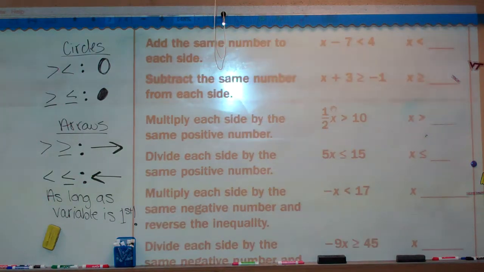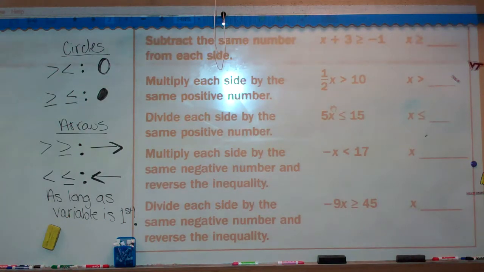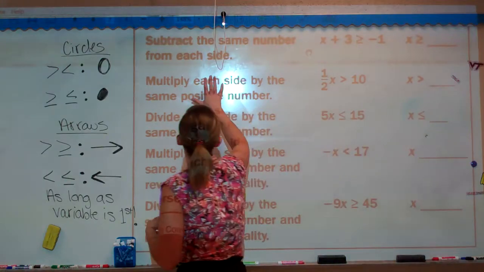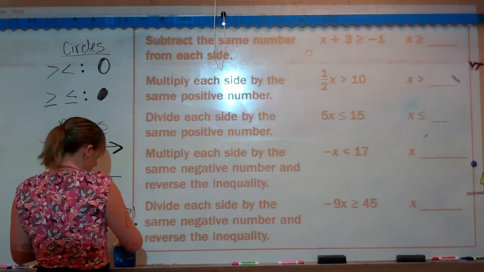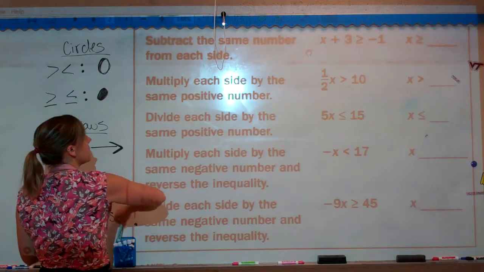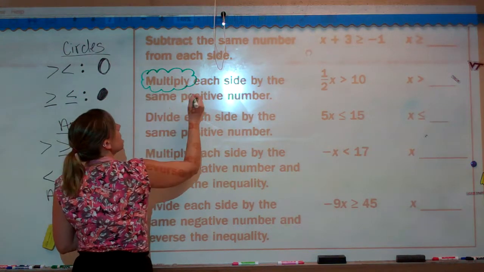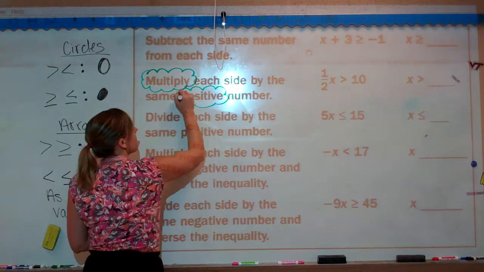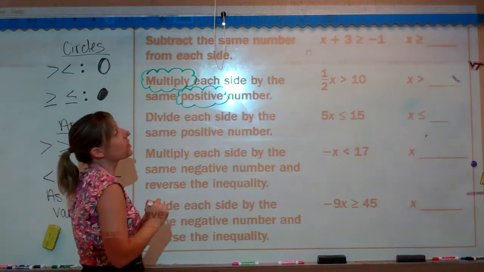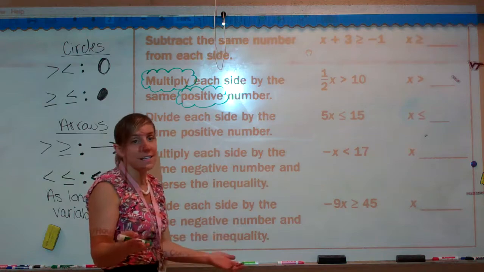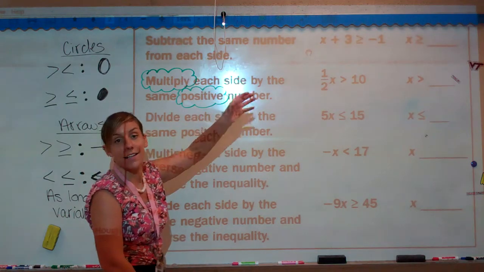All right, so now let's look at multiplying and dividing. So you have to be careful. If the numbers are positive, so if you notice right here it says multiply by a positive, okay? So if the numbers are positive, then you just work it out like you did adding and subtracting.